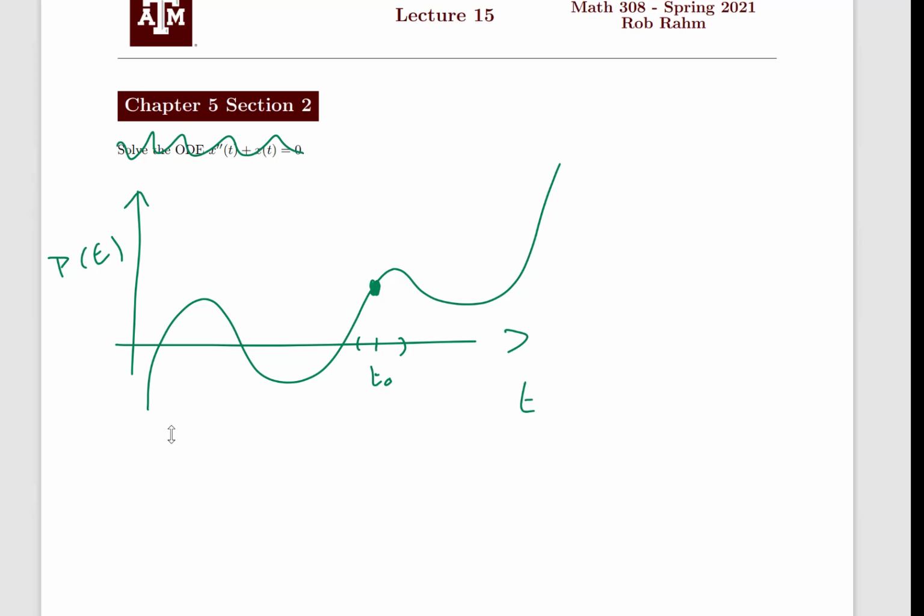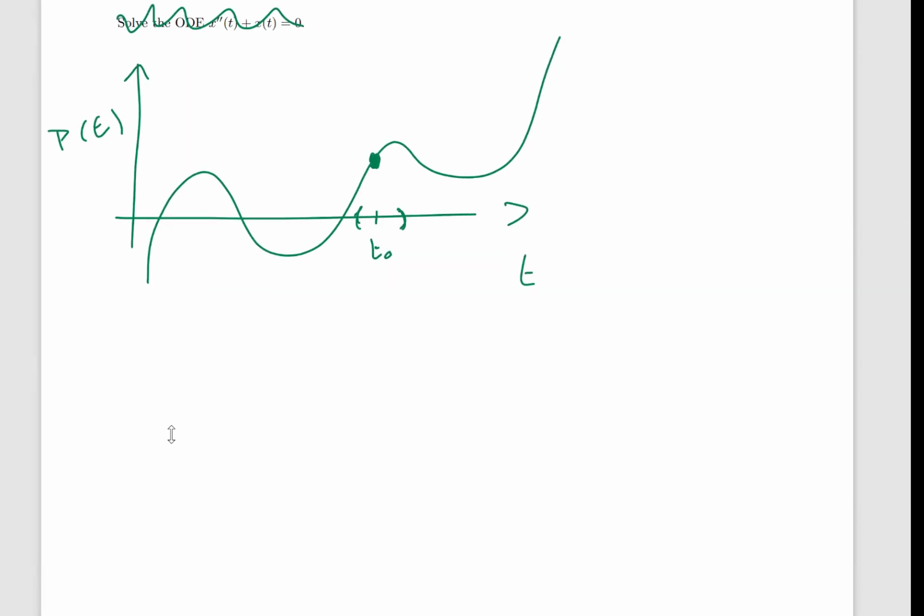So we know p of t is continuous because it's a polynomial, and so we know there's some interval around t naught at which p of t is not equal to 0. Okay, and again, that's because of continuity. We know that there has to be some open interval around t naught where p of t is not equal to 0.